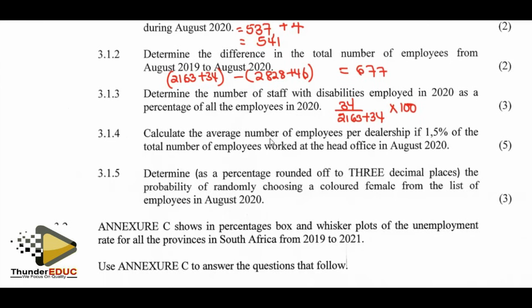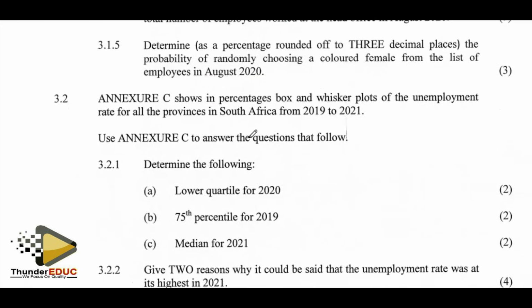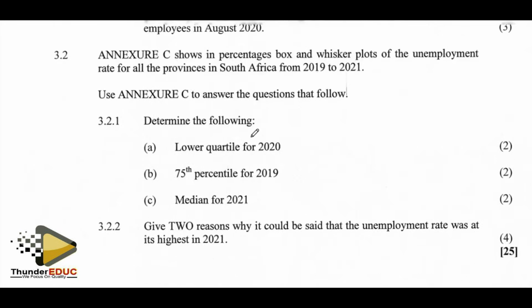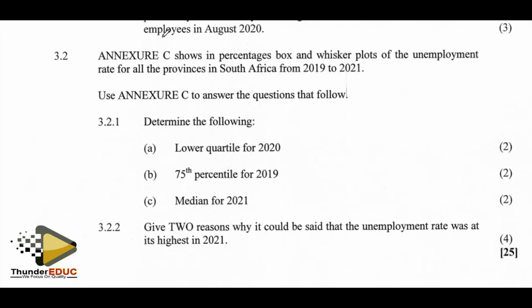Multiply by 100 because you're looking for percentage. One comma 5%. Go to the next one.